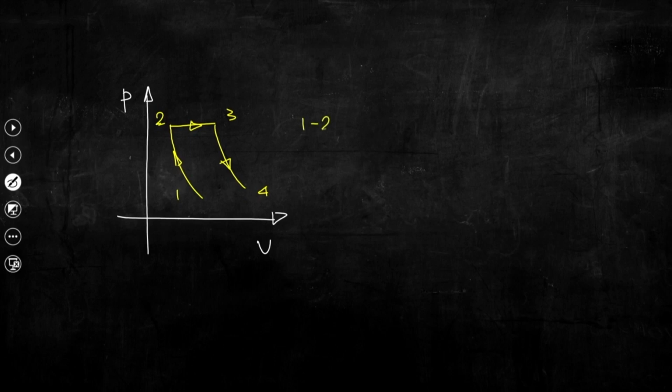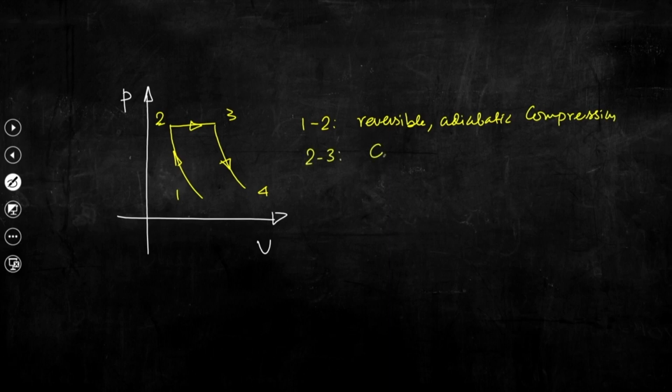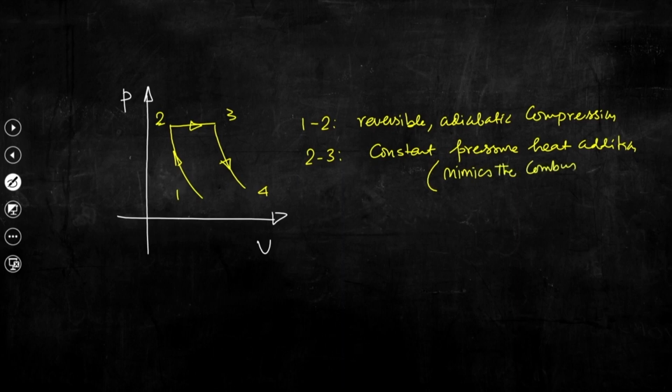So, basically 1 to 2 is reversible adiabatic compression, 2 to 3 is constant pressure heat addition, that is essentially mimics the combustion process, and 3 to 4 is reversible adiabatic expansion.